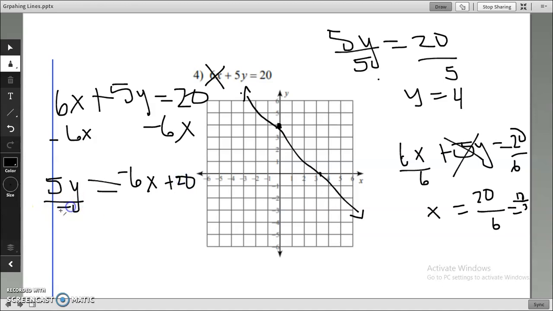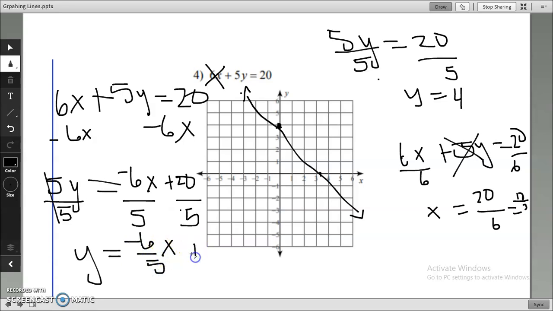Divide both sides by 5. Everything has to be divided by 5. So I have y equals negative 6/5 x plus 4. And this is exactly what we have.